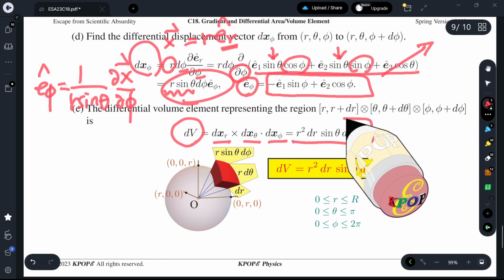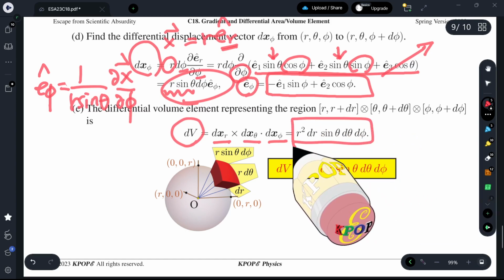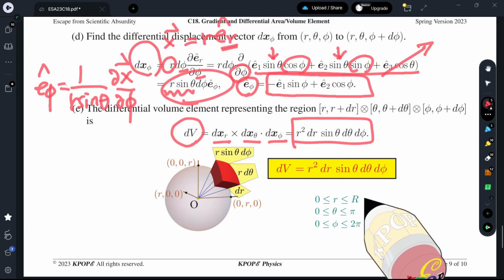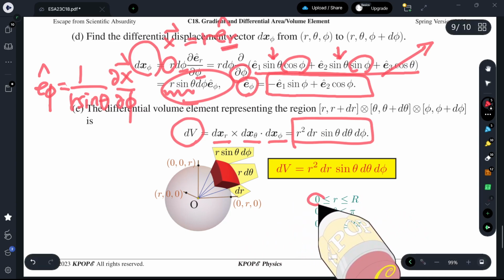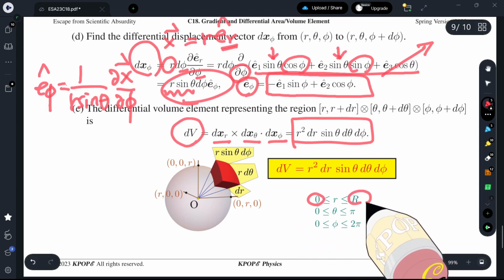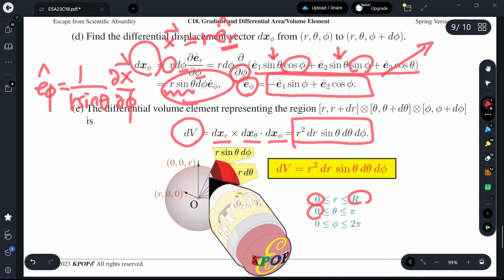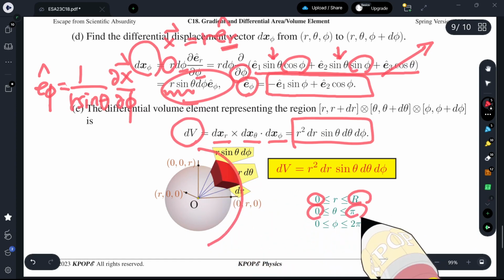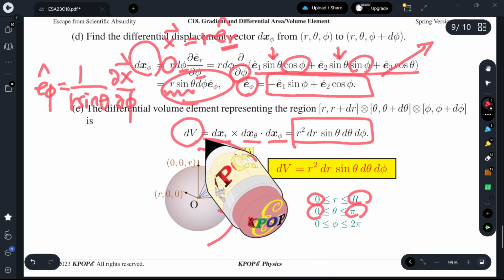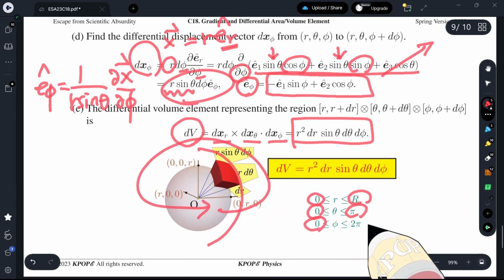We have this result. The radius, small r, runs from 0 to capital R. The polar angle runs from 0 to pi. And the azimuthal angle runs from 0 to 2 pi.